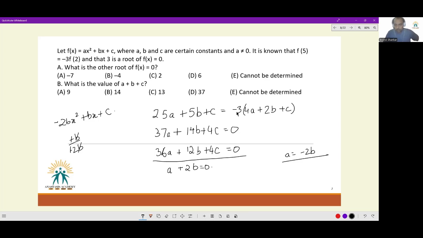F2 was being talked of. So minus 6, 5 and 6 gets me to 11b only.